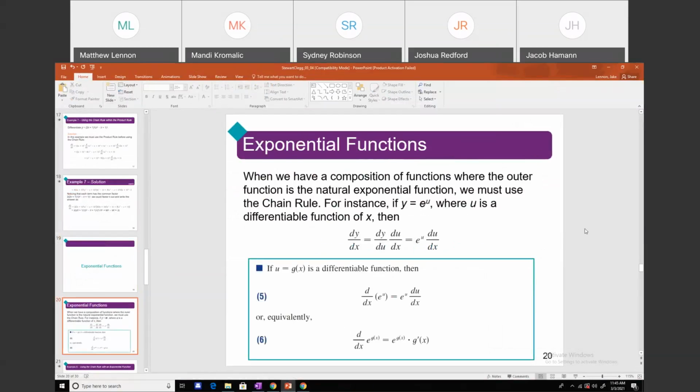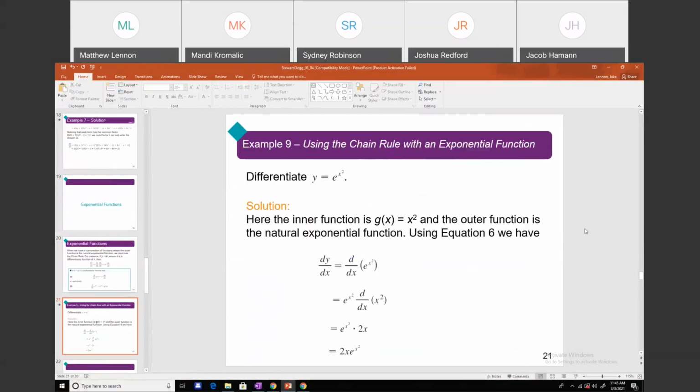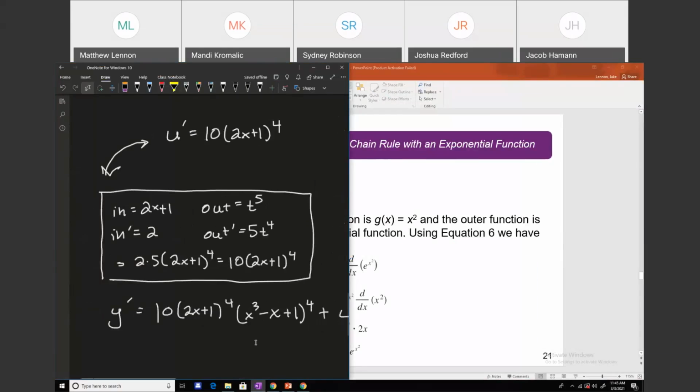Okay, so looking at exponential functions, again, we don't need any rules here. We can just apply the chain rule. So e to the x squared. Let's go ahead and take the derivative of that.